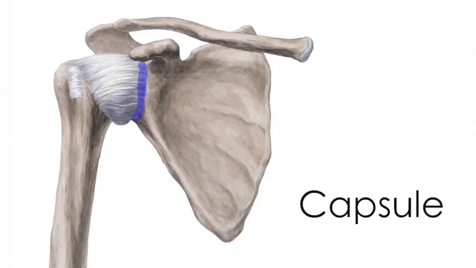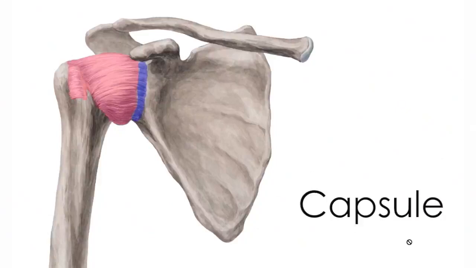Now this capsule will extend all the way laterally, where it's then going to attach to the anatomical neck of the humerus. And then, as you can see here in this image, it will extend just a little bit further down medially to the side of the shaft of the humerus for just a short distance.